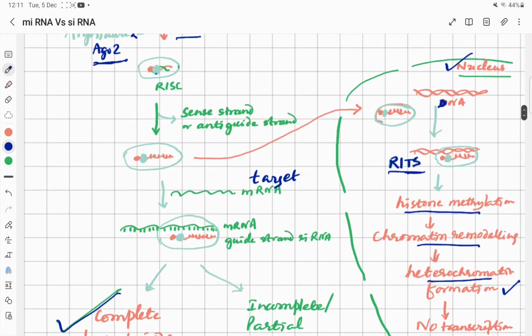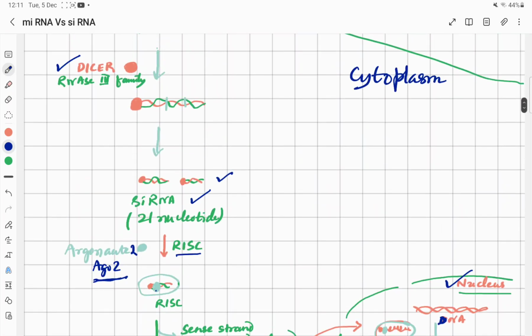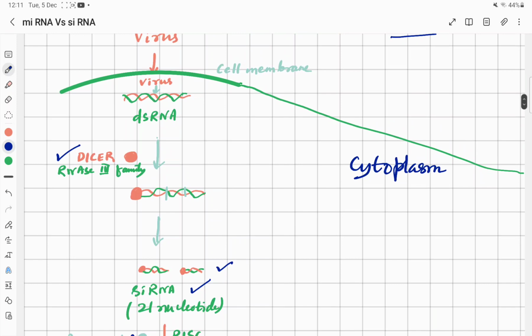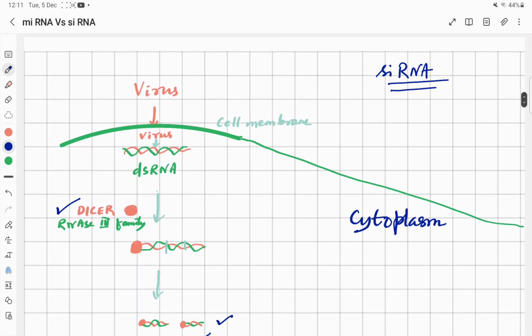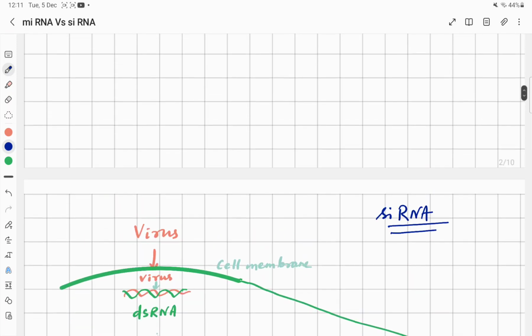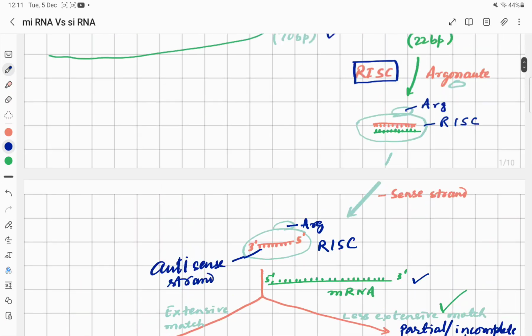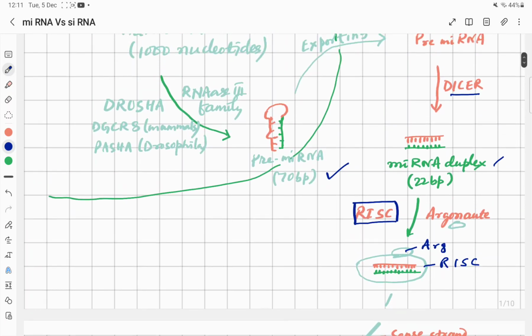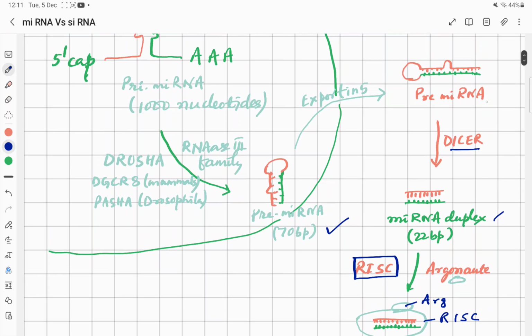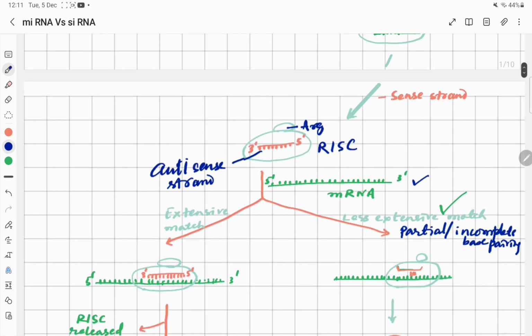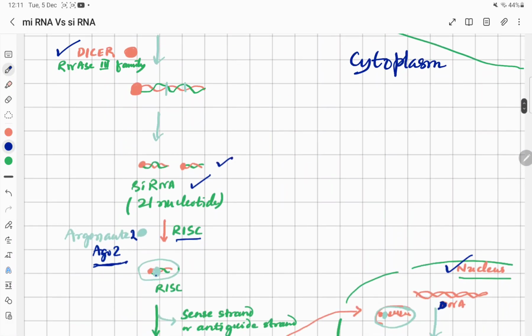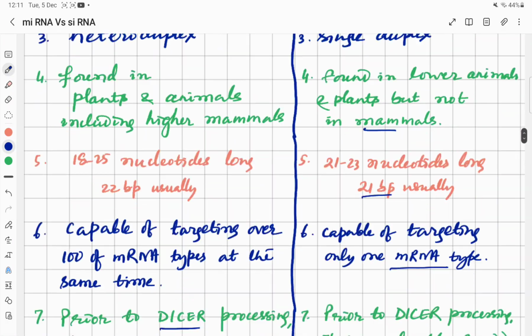So you can see this dicer is a cytoplasmic enzyme, and siRNA is formed by the action of this dicer enzyme, whereas in microRNA, first it will form the pre-microRNA, and this pre-microRNA is the substrate for this dicer enzyme.